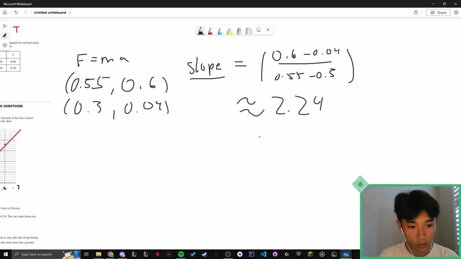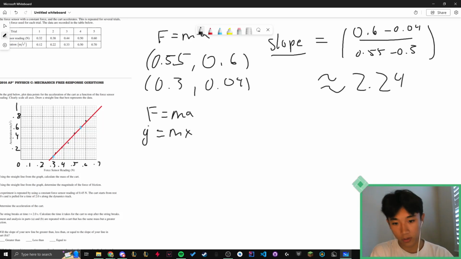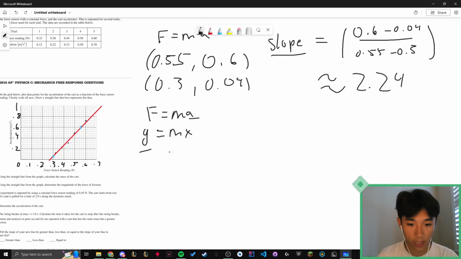Once you get that, we're going to go back to the F equals ma equation. If you notice, let me write out this equation, y equals mx. The force is normally on the y-axis. However, this time it's on the x-axis, and the acceleration is on the y-axis. So what does this mean?